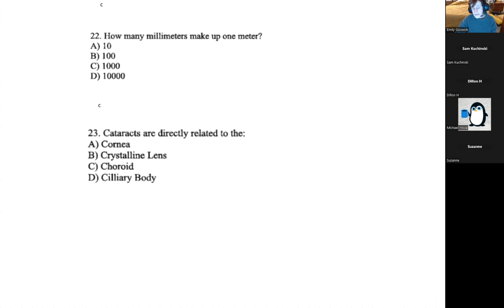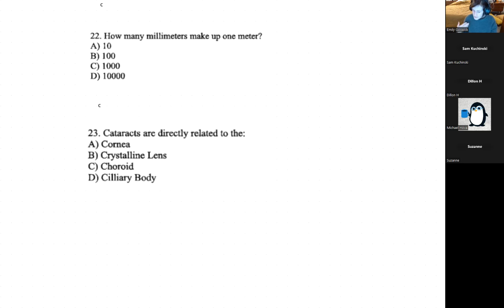Okay, so this is something you really just kind of have to know. But cataracts are a cloudiness in the lens. Okay, so in the lens inside your eye, that we talk a lot about in relation to accommodation and that lens squeezing. It also becomes cloudy when people get cataracts.